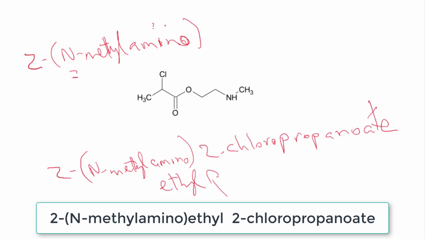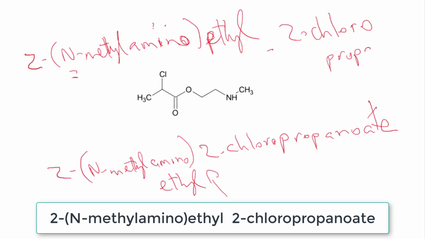So methyl amino ethyl. And then a space, 2-chloropropanoate. I did not leave myself enough room again. You're going to have to rely on the nice pretty picture that I'm going to put up for you instead.